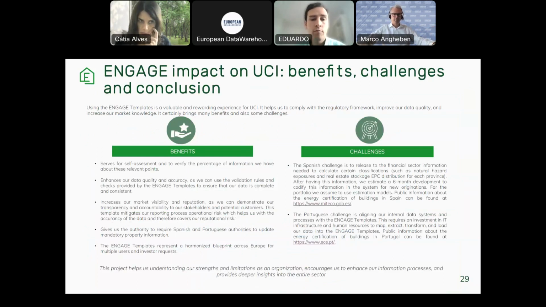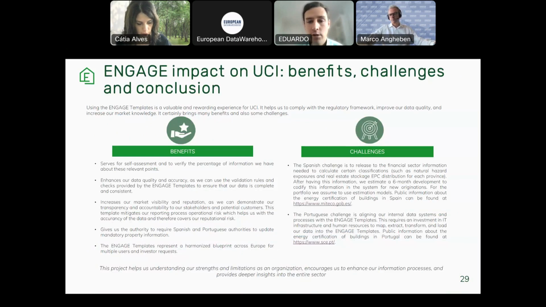We wanted to reflect a little on the impact that being a pilot in Engage is having for us. First of all, I would like to highlight that the templates are, without any doubt, a very valuable and rewarding experience for us.